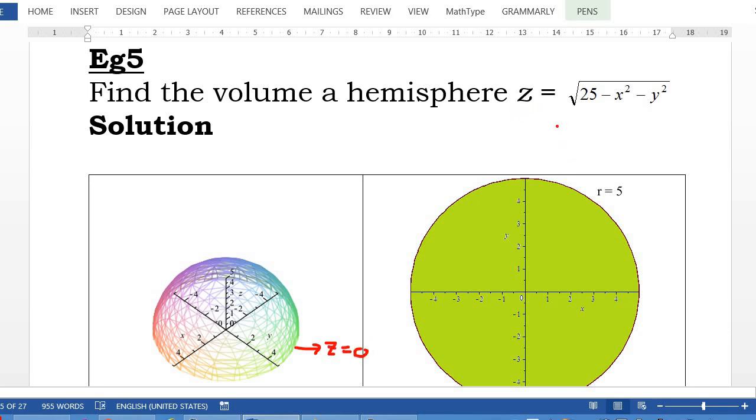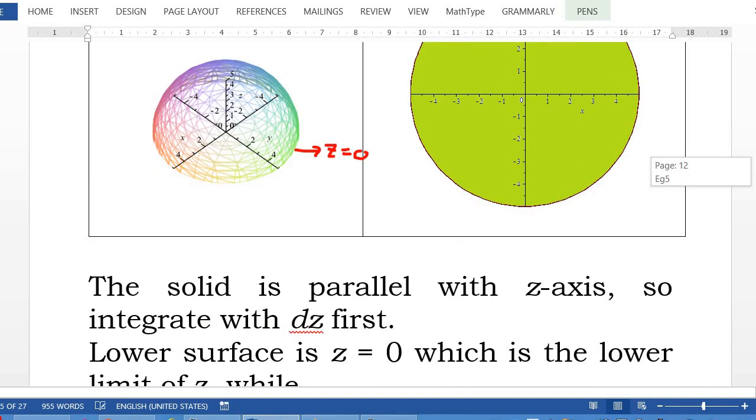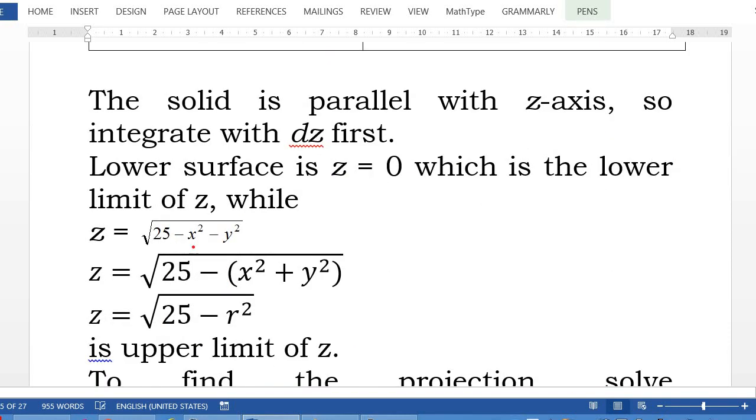The upper surface is z equal to square root of 25 minus x squared minus y squared. You want to see it here? 25 minus, factor out the negative, and then x squared plus y squared is r squared.